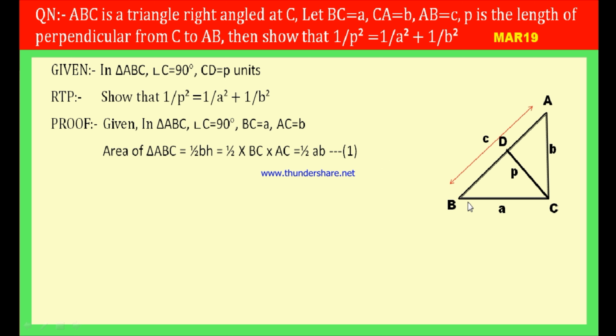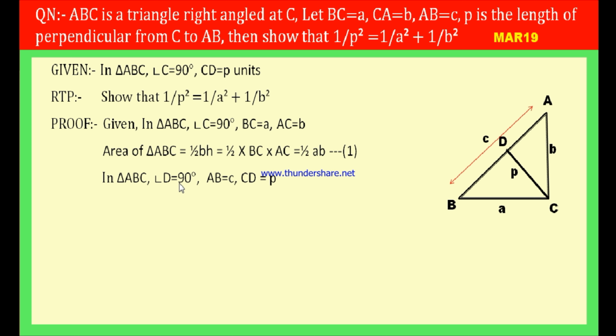Now, for any triangle, you can take any of its three sides as base. Here, in the first case, we took BC as base. And in the second case, we may take AB as base. If AB is base, then the perpendicular onto the opposite vertex will be height. Therefore, in this triangle, if AB is base, then CD is height.